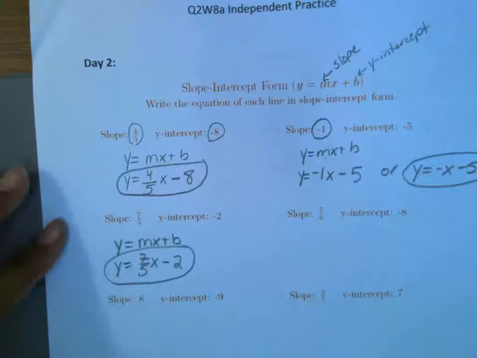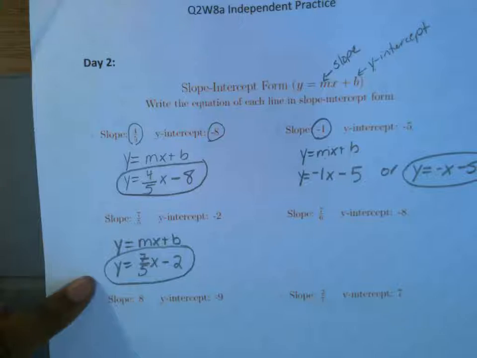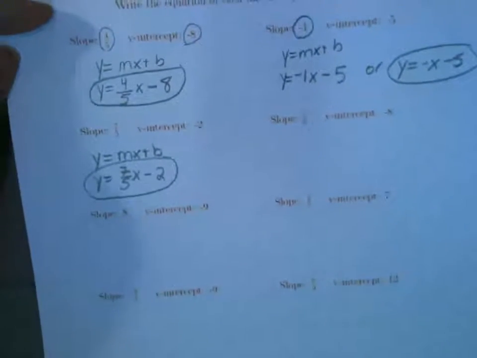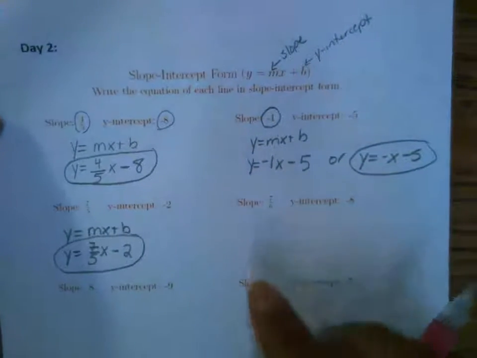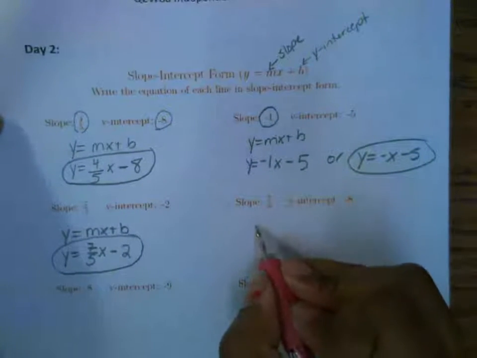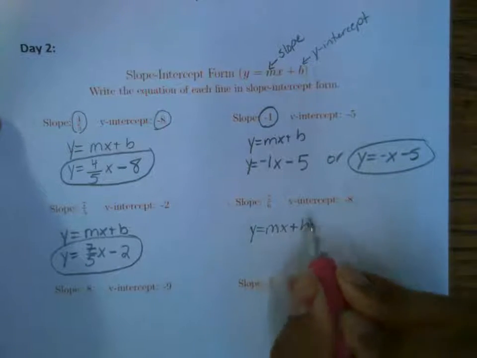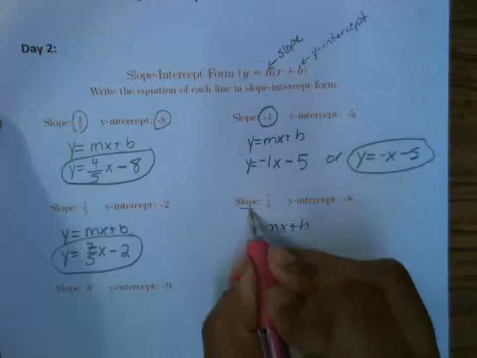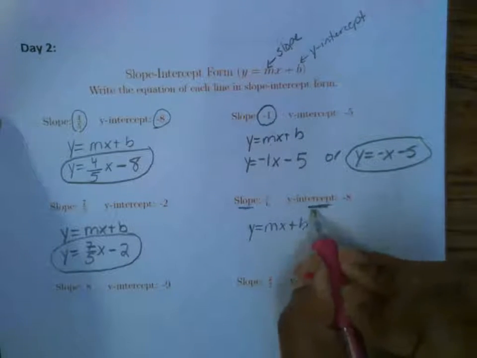Any questions about that? Okay, in the chat, I need you to answer number 4, please. Okay, so in number 4, again, I want you to write the slope-intercept form. That's y equals mx plus b, where your m represents the slope, okay, and your b represents the y-intercept.